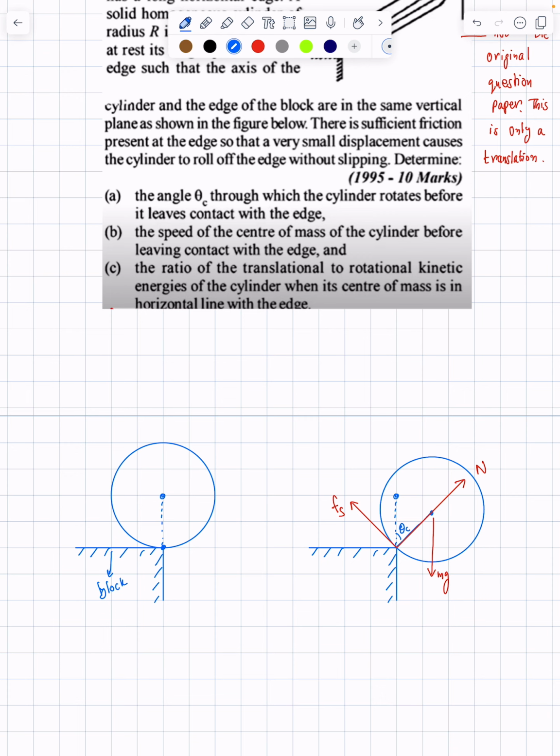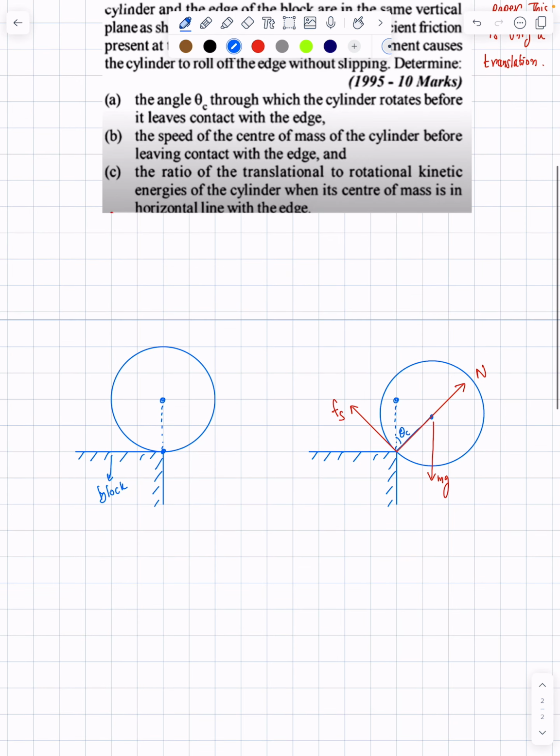The radius of the cylinder is capital R, so this is also R, and then this is theta.